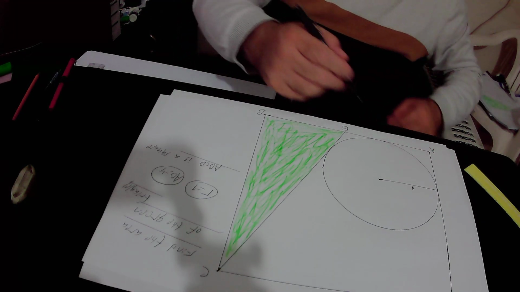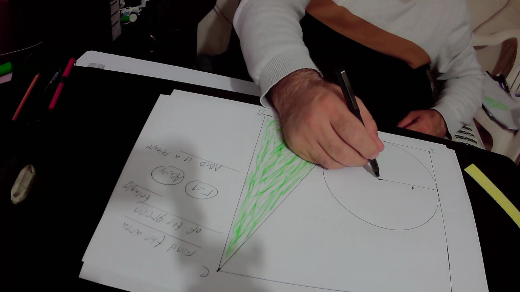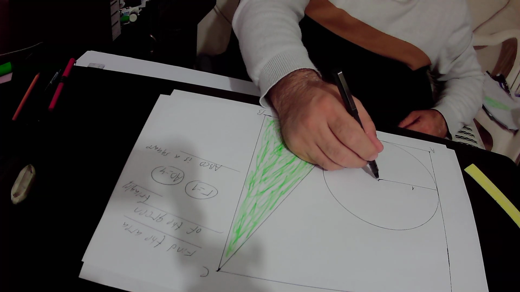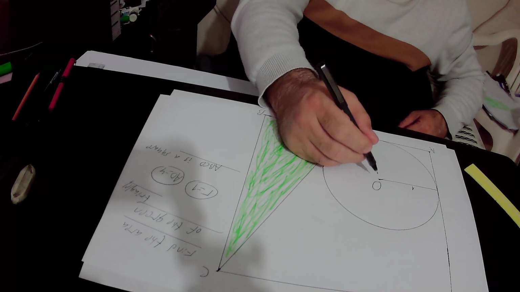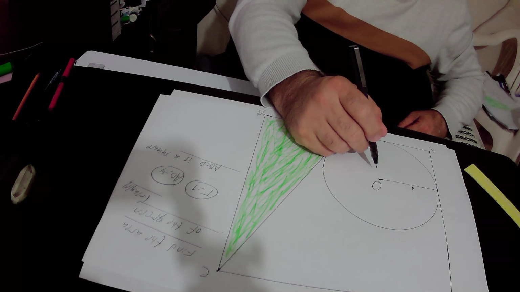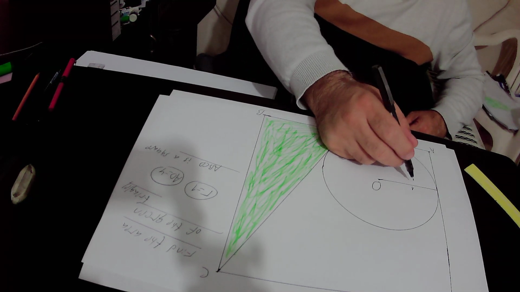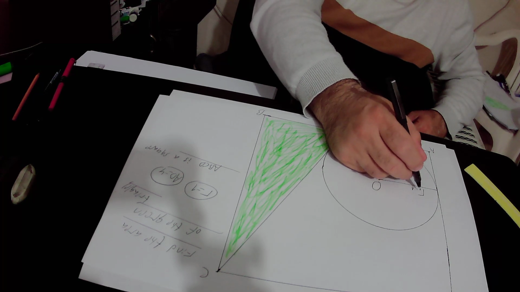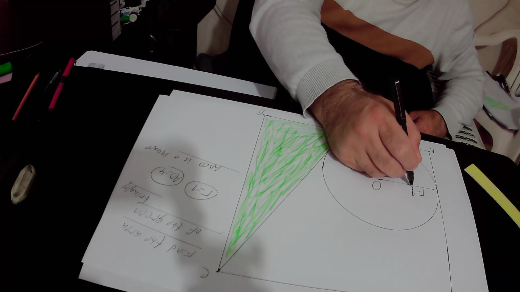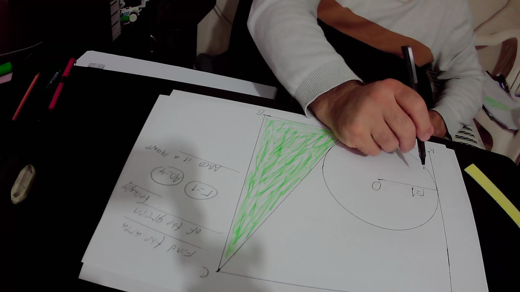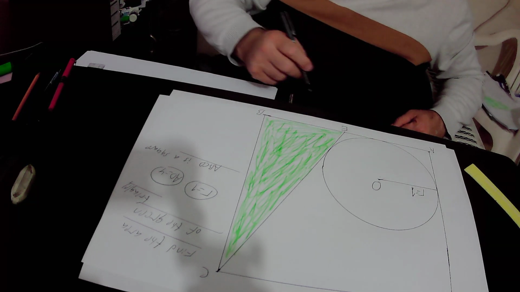Here we define the center of this circle as point O, and this is the radius of the circle, and the radius R of this circle equals 1 unit according to what is given in the question.